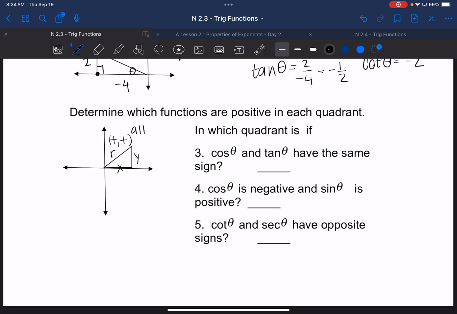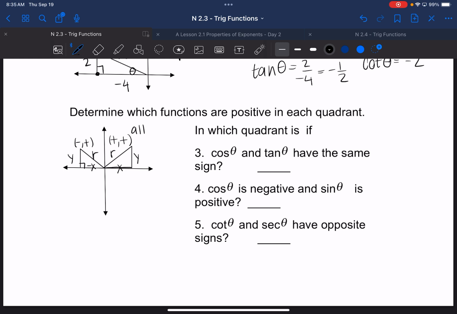Okay? All right, in quadrant 2, if I were to draw a right triangle here, is x positive in this quadrant? No, x values are negative because we're going in the negative direction. What about the y value? Is it positive? Yes, okay. So here I'm going to have a negative x and a positive y, and of course the r stays positive since it's distance, right? Okay, so only the x value becomes negative.